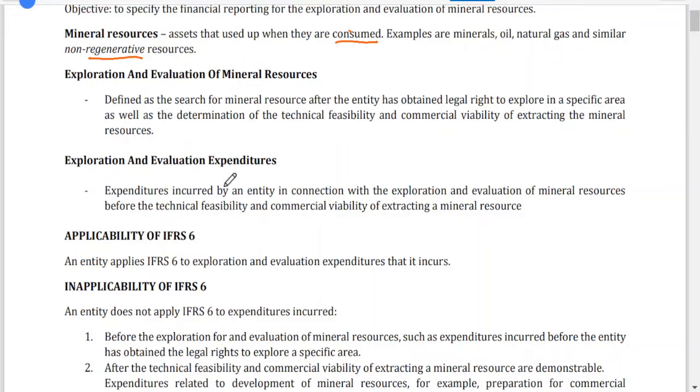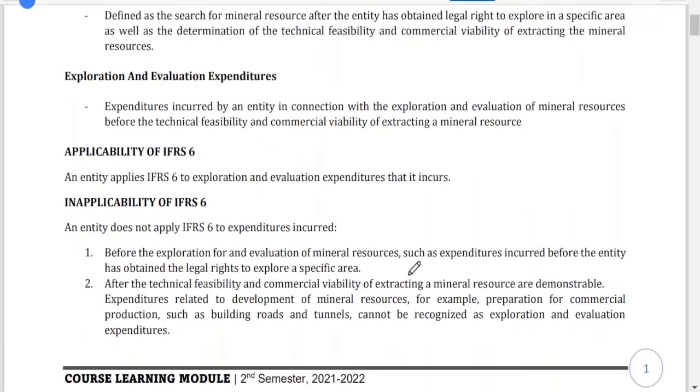So when is IFRS 6 being applied? An entity applies IFRS 6 to exploration and evaluation expenditure that it incurs. It does not apply IFRS 6 to expenditures incurred before exploration for and evaluation of mineral resources.